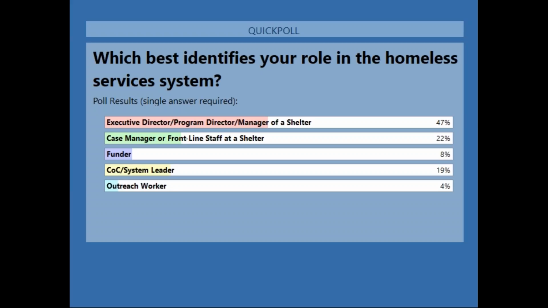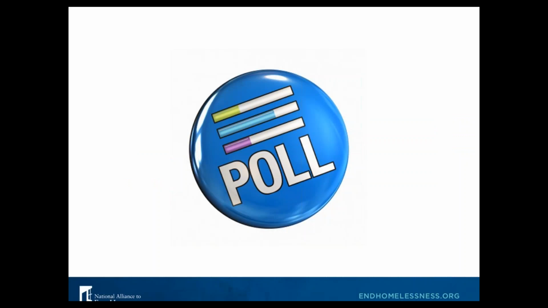Hopefully you all can see this. It looks like about 47% of you are executive directors or program managers of a shelter. About 22% are frontline staff. 8% of you are funders. About 20% are COC or systems leaders, and we have a few, 4%, who are outreach workers. So thank you so much for that.